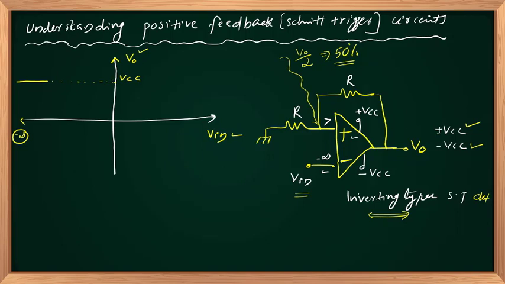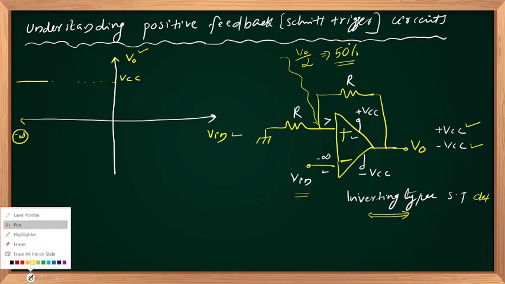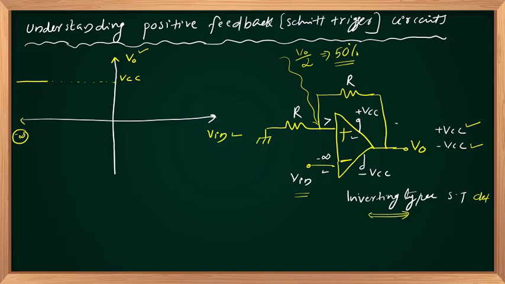And if the output is at plus VCC here, that will give my V plus: as this is grounded, this is at plus VCC, with equal resistors.